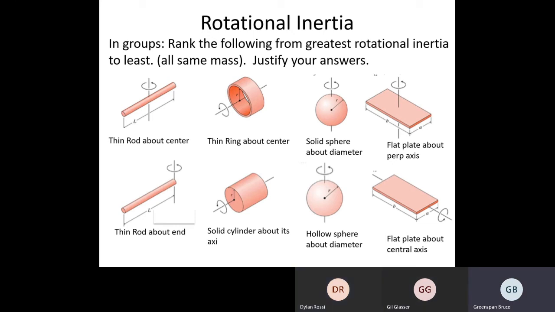Because this is assuming the same force, just like with F equals ma. If you want to know about the mass, you have to assume the same force and then see what the acceleration is. You're thinking about biomechanics and your arm swinging, but you assume it's the same torque.